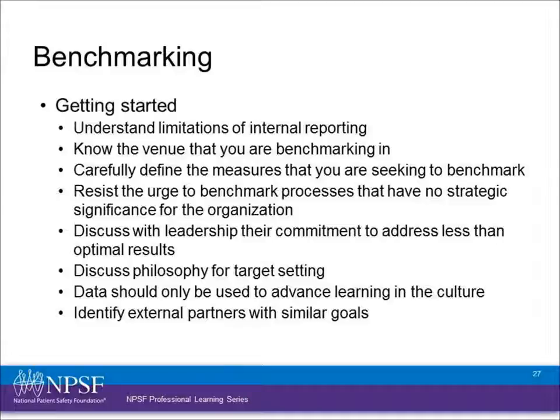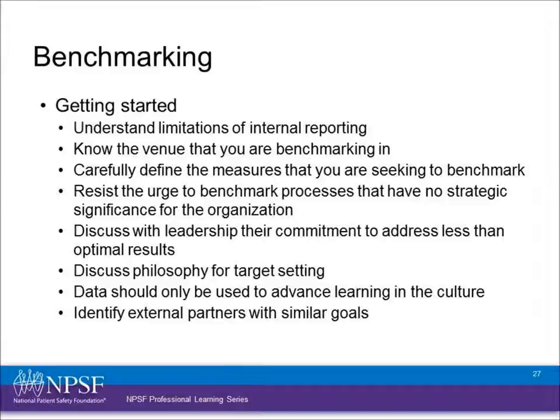And if you're benchmarking across the nation or across multiple states, or you have hospitals in a system that are across multiple states, know that a dollar might not be worth a dollar in every hospital that you are looking at data from, and make sure that you control for that variability.